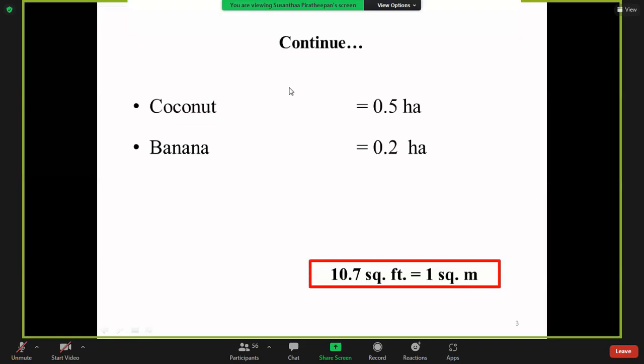So the conversion factor, 0.7 square feet is equal to 1 square meter and 1 hectare is equal to 10,000 square meters. Okay, we have to calculate the area that is required for all: cattle, goat, sheep, swine, and also add it with the crops and find the total area that is required by the farmer.